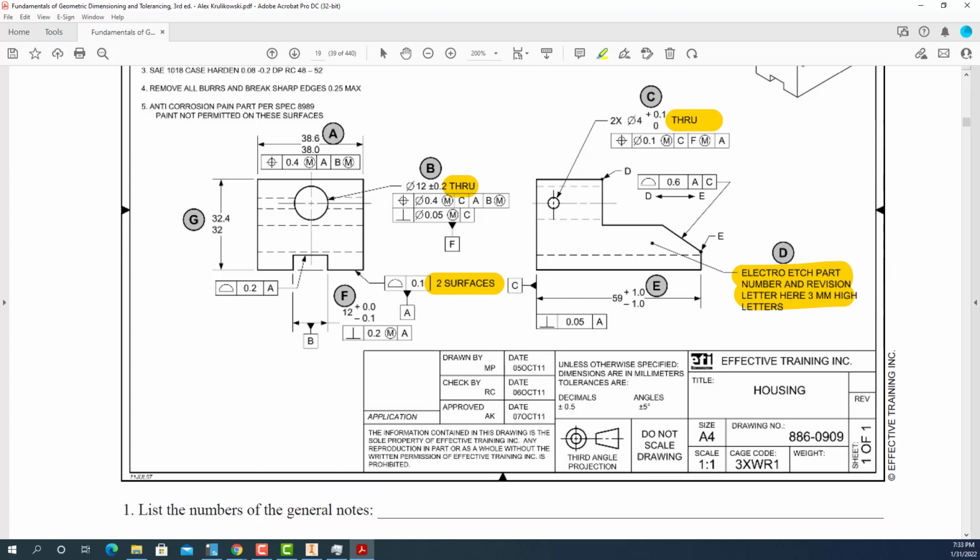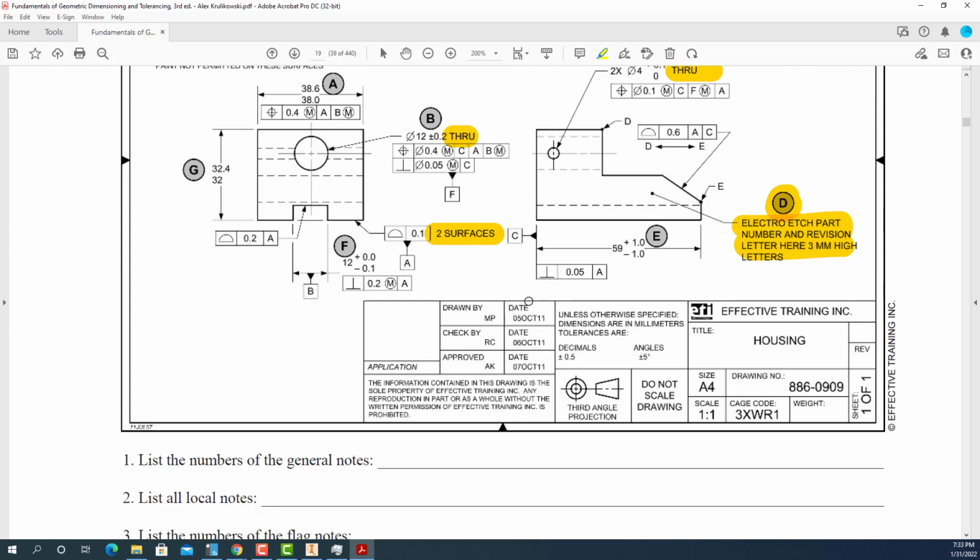Electro etch, 2 surfaces. Yep. And you can put D or electro etch. It's up to you guys because this is denoted by D. Now watch out, because in the questions it's going to tell you by the circled letters or numbers.